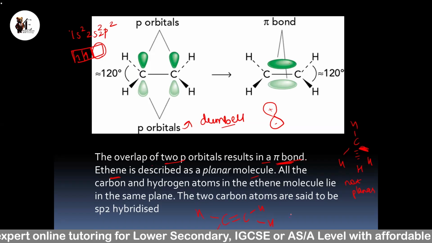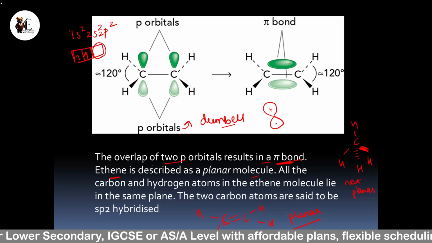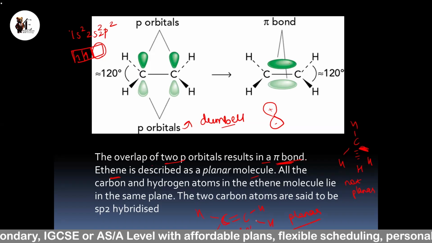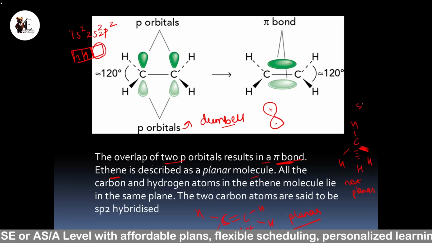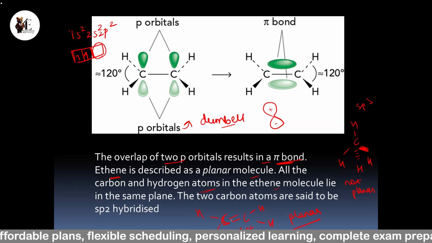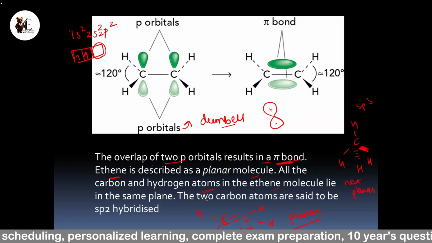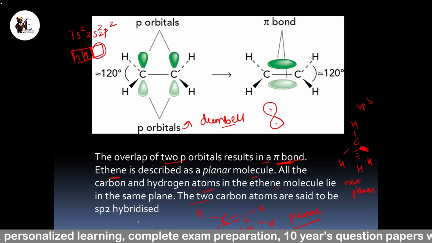That means it is a planar molecule because it is sp2 hybridized. sp2 hybridized are always planar and sp3 hybridized are non-planar. All the carbon and hydrogen atoms in the ethene molecule lie in the same plane, no above and no below. The two carbon atoms are said to be sp2 hybridized.